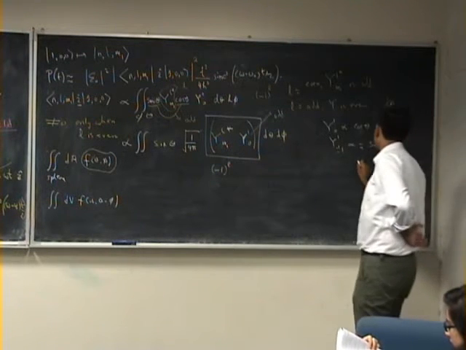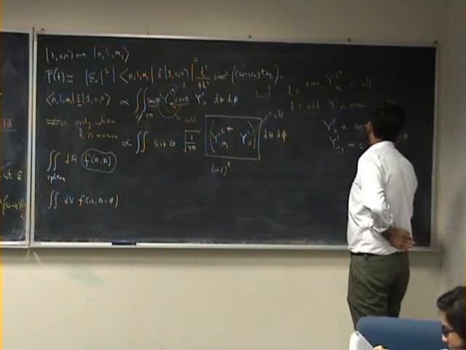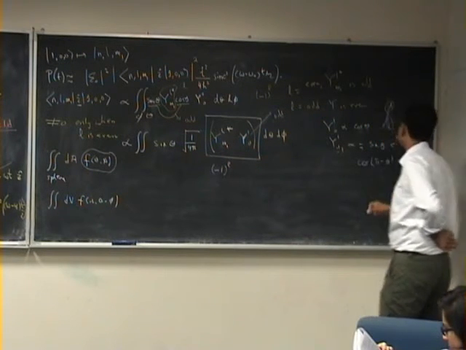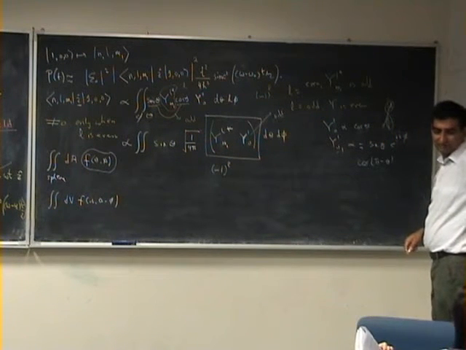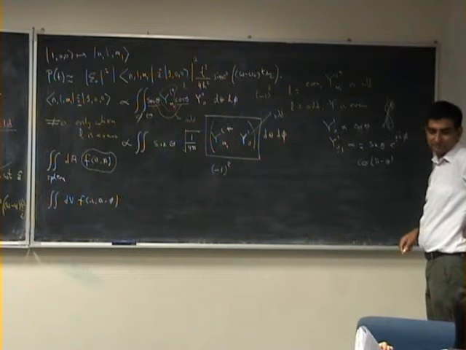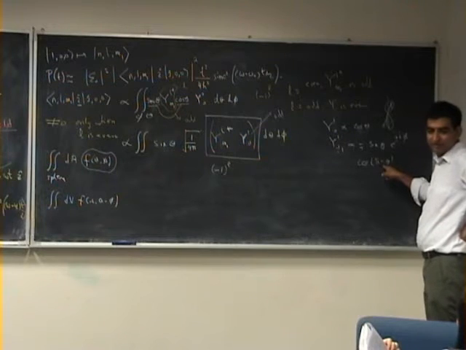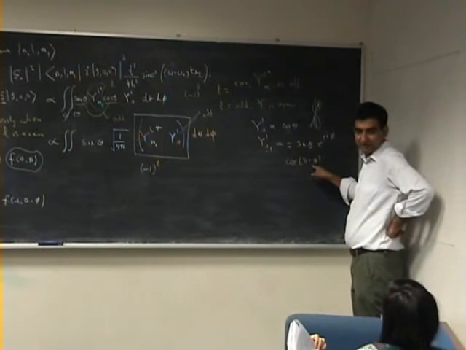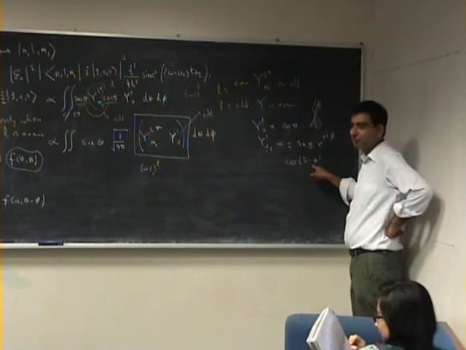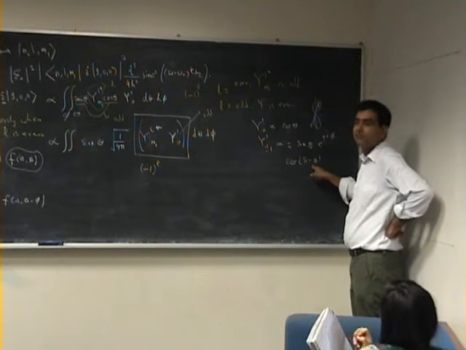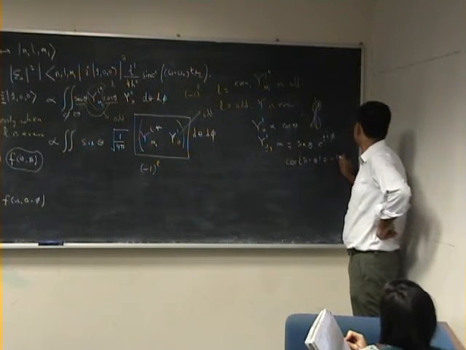And what is cosine of pi minus theta? Cosine pi times cosine theta. Now what is cosine pi? -1. So this is minus cosine theta.